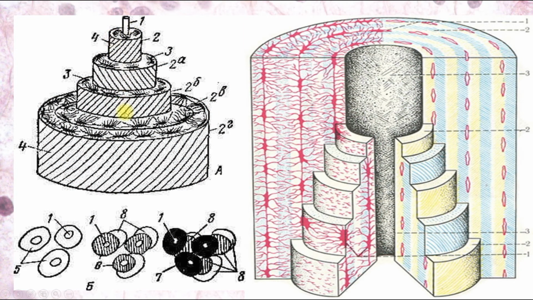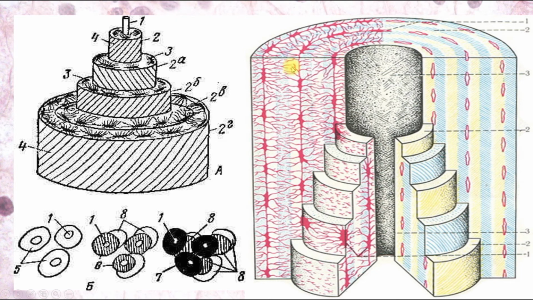Here we can see osteon. It's a cylindric structure made up of bony lamella, but it has a canal inside. It's the Haversian canal or Haversian system, and this canal contains blood vessels and nerves, and it's filled with loose connective tissue. And there are concentric lamella which surround this canal.